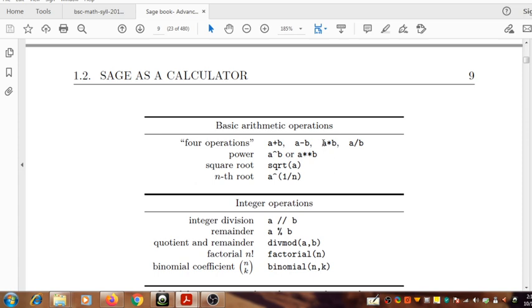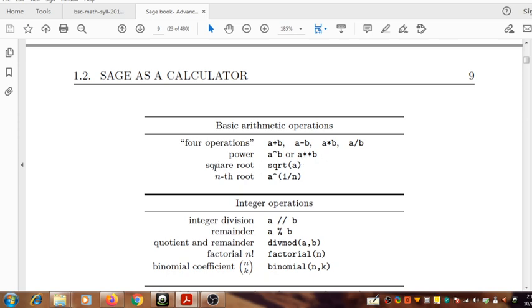For multiplying a and b, you write a star b, and for dividing a by another number b, you write a / b. For getting exponentiation, there are two ways: a cap b or a double star b.